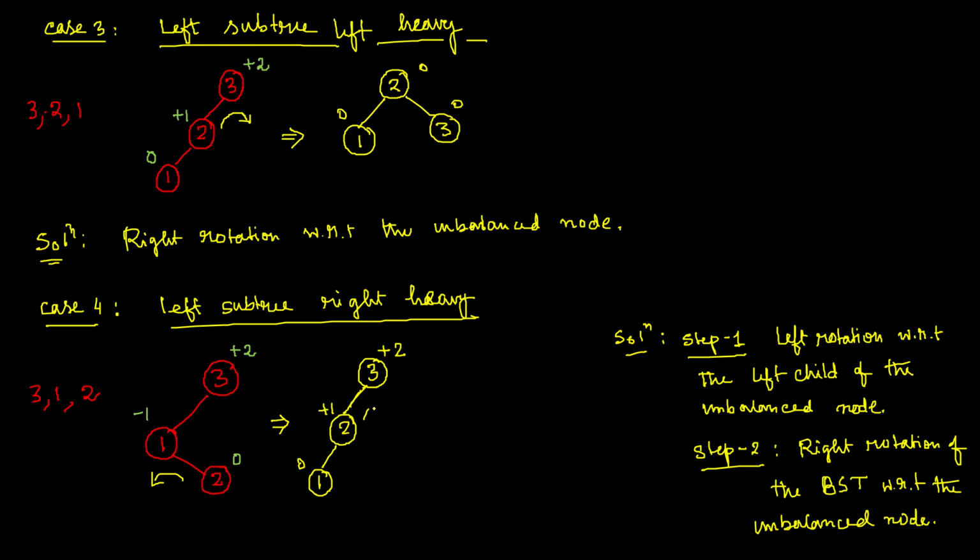So that means we will have right rotation on this side. So what will we get? 2 will go upward, 3 will go downward on the right side of 2, and 1 will remain in this place with respect to 2. So it's 0, it's 0, and it's 0. So we have got the same situation. Now it is balanced. So these are the 4 situations that are possible.